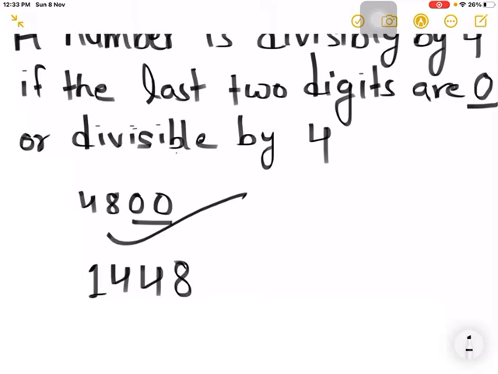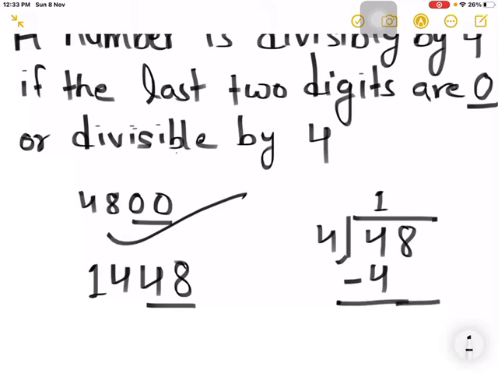1448, now here the last two digits are not 0, then what is the other condition? The other condition is the last two digits must be divisible by 4. There should not be any remainder. So let us check. Let us divide by 4. 4 ones are 4.